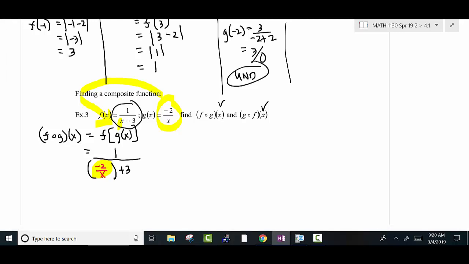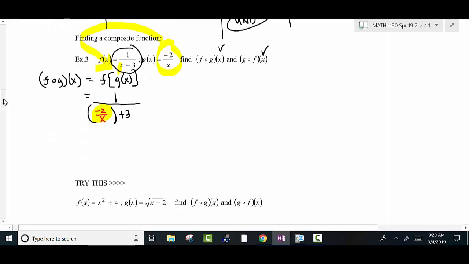Now we have to do some algebra on this to get it simplified. You're going to get into some complex fractions in this section. Complex fractions sometimes students have some background issues with. The way I look at this is I want the x to go away.